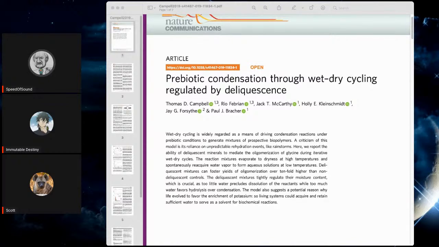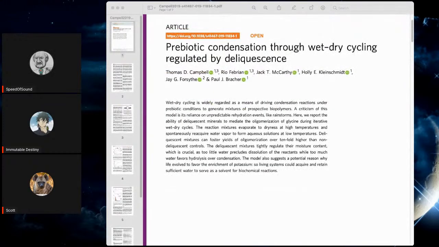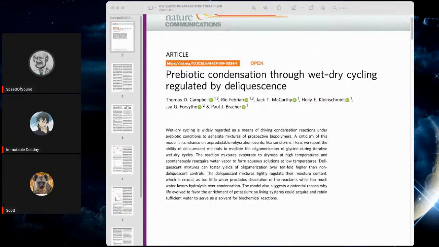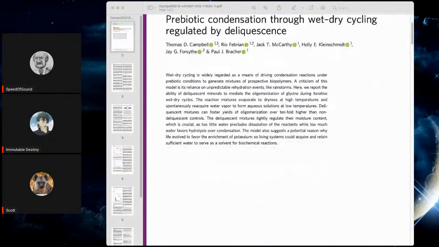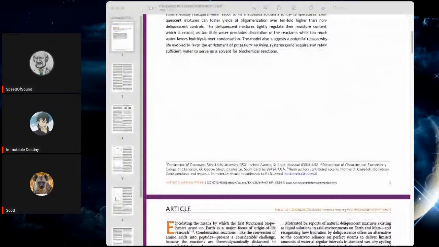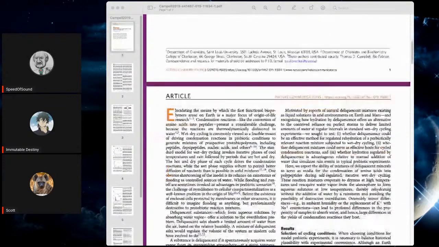And what do they say in the paper? I think it was Campbell, or maybe it was Black, they showed that up to 200 amino acid polymers can be generated by this process. So that's quite interesting to me.